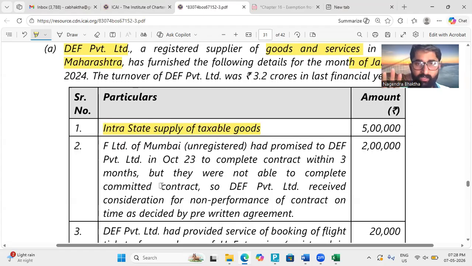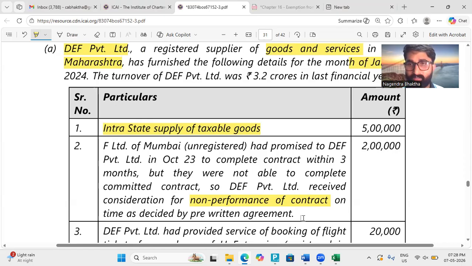They agreed to complete the contract within 3 months, but they were not able to complete the committed contract. So DEF Private Limited received the consideration for non-performance of the contract on the time as decided by the pre-written agreement. This is called liquidated damages.